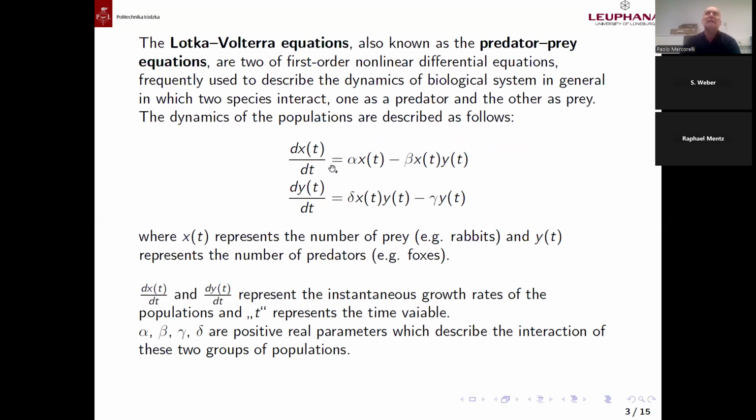Until here, I don't see any nonlinearity, no? A constant which multiplies the state. Then we have minus beta, another constant. Look here, x multiplied by y, in which x is a state because we have the derivative of x with respect to time. You remember, we recognize the states mathematically if they appear in a differential form.